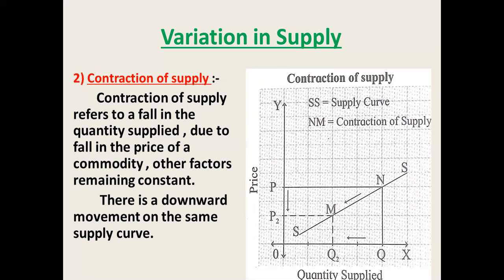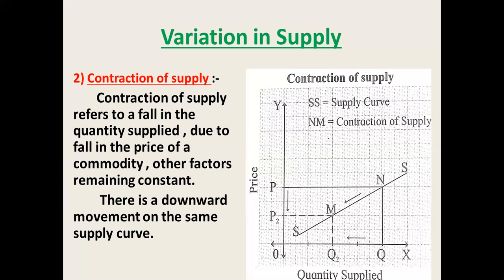Because the first price is OP and the price falls from OP to OP2, and the supply also falls to OQ2. SS is the supply curve. So it's a downward movement from N to M. The SS curve explains the N to M movement, and that explains the contraction of supply. It is also known as the contraction of supply.